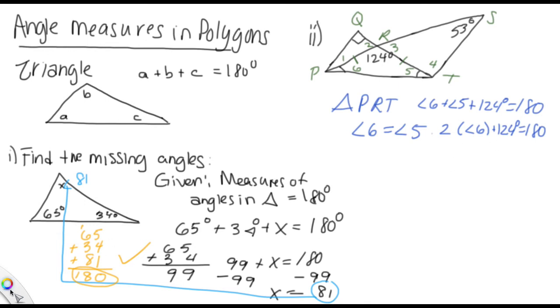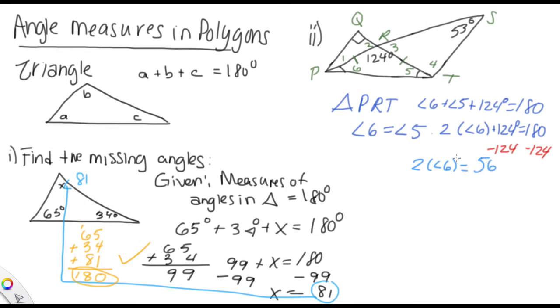Now I'm going to subtract 124 from both sides. And I'm left with 2 times angle 6 equals 180 minus 124. And 180 minus 124 is 56.